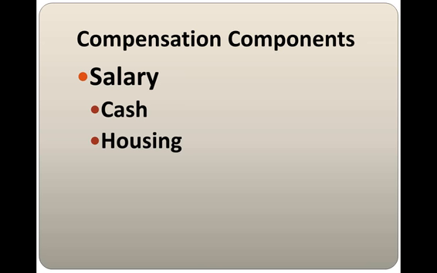And so here's what housing may include. It may include their mortgage payment or their rent payment or a fair amount estimated for the parsonage rental. It also can include the home insurance.